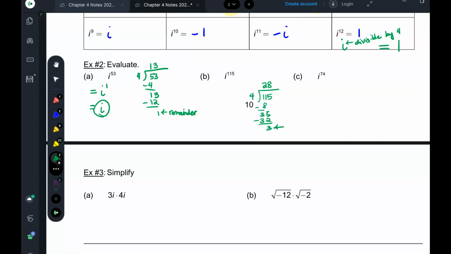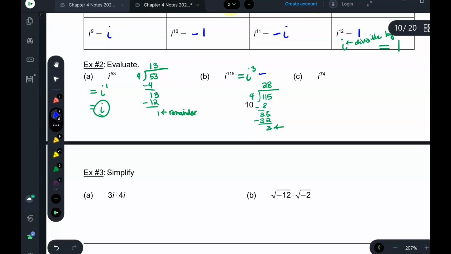I got 28, but my remainder is 3. So that means this is equivalent to i to the 3rd, which is -i. So Jacob was right.